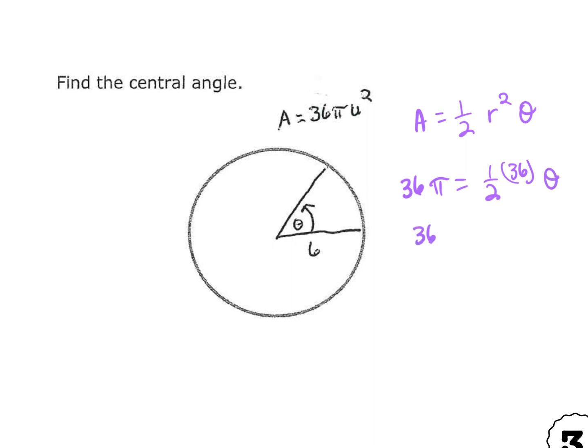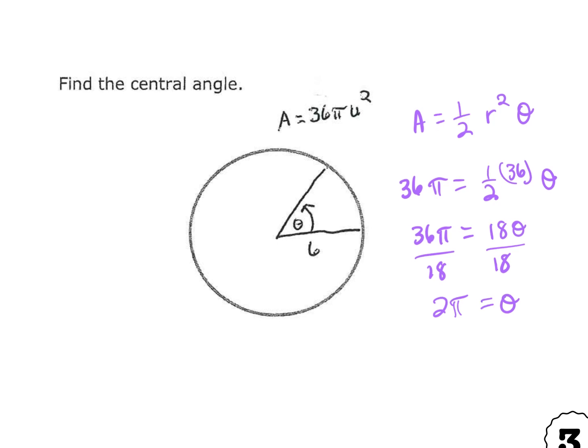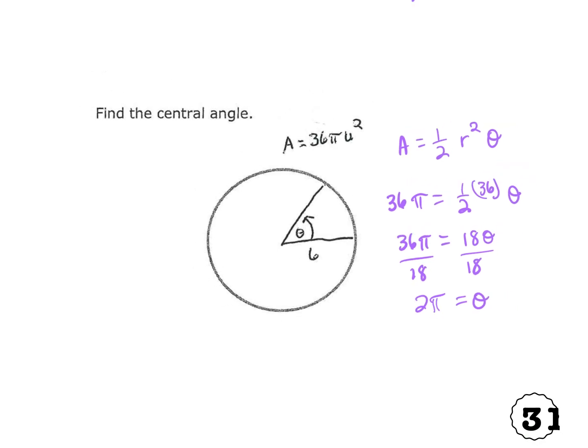So we get 36 pi is equal to 18 theta. If we divide by 18, we get that theta is equal to 2 pi. So clearly that drawing is not drawn to scale. So kind of working backwards on that one, right?